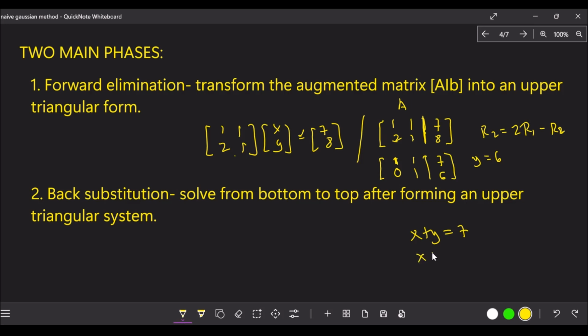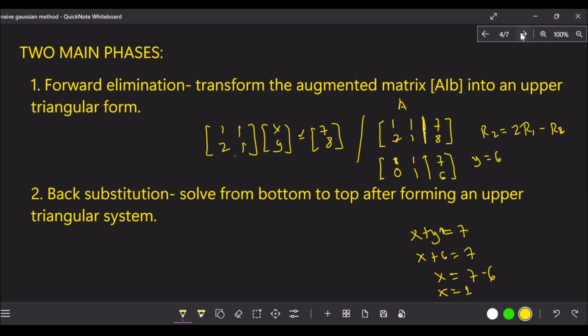So we have x plus 6, because y is equal to 6. So x is equal to 7 minus 6, so our x is equal to 1. So from these equations, the values of x and y are 1 and 6 respectively. That is the process of the naive Gaussian elimination.